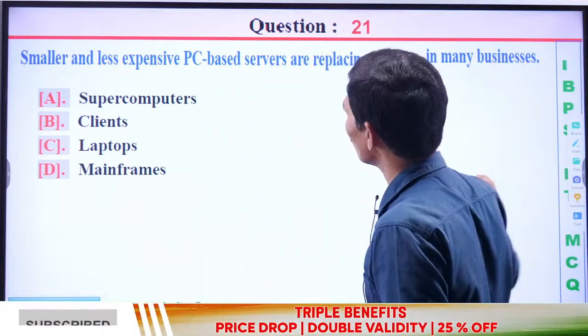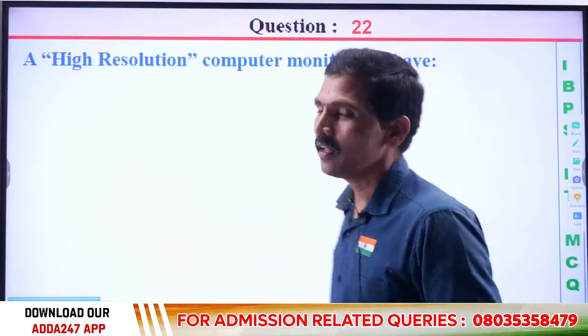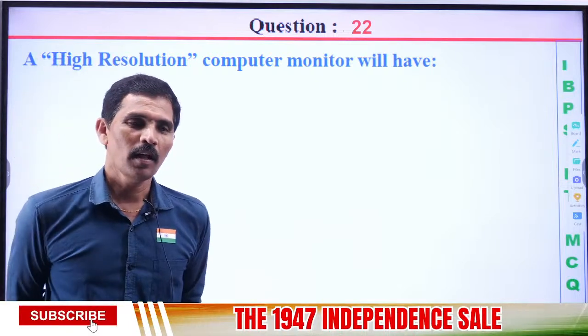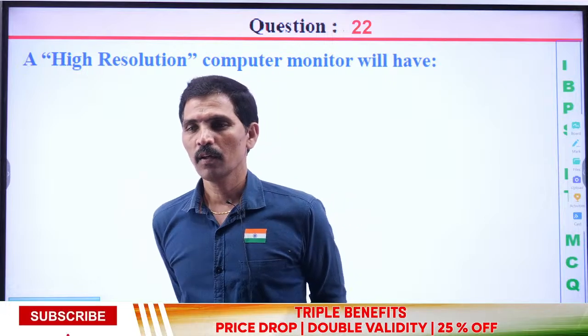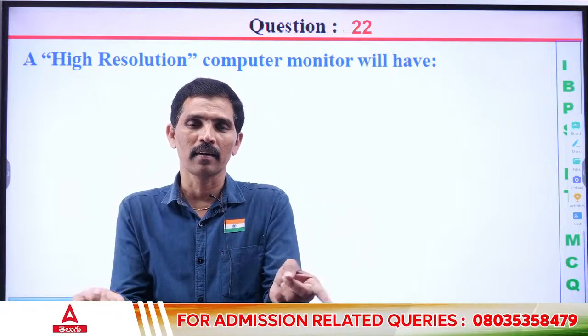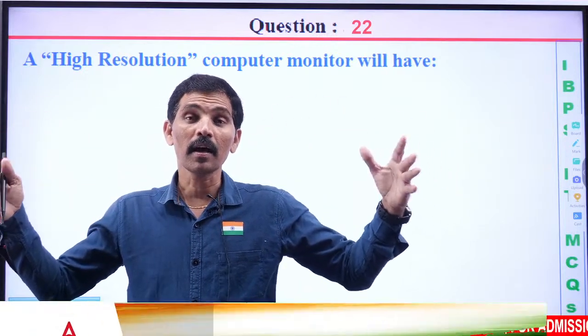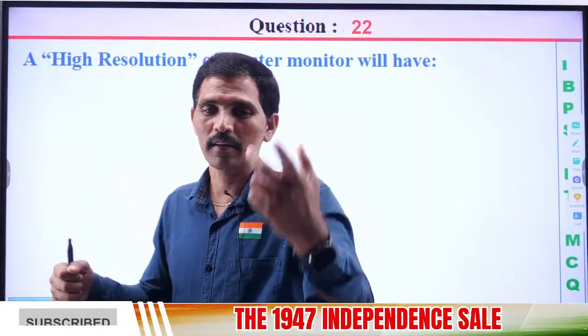Okay, coming to another one, the 22nd question. Resolution, high resolution. How can you define the resolution of a computer? When we are purchasing a laptop, or a monitor, or a big screen, the screen resolution will be decided with what?